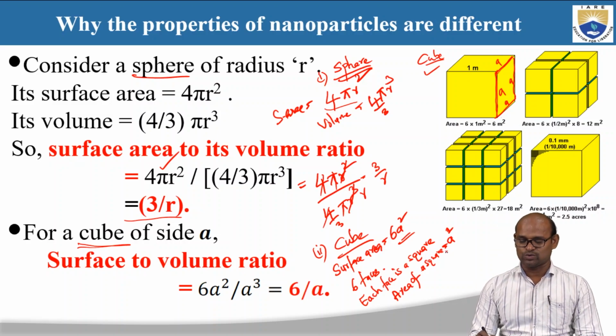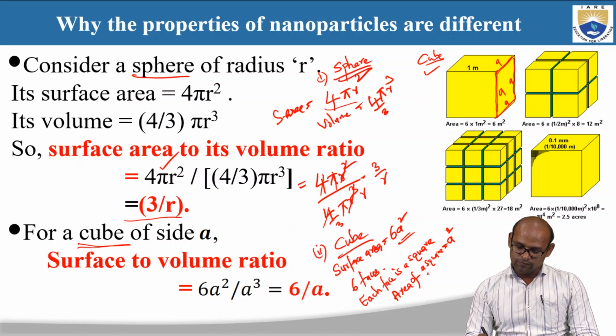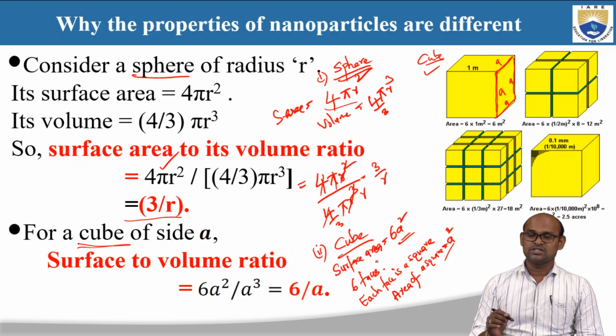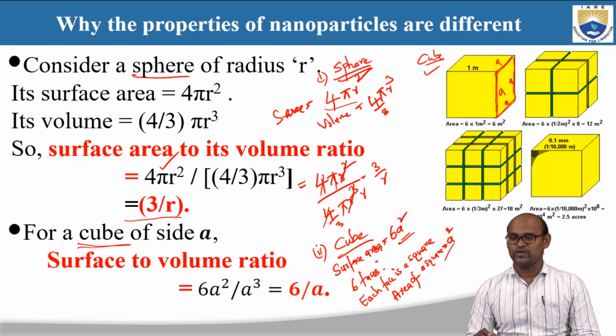So let me write it neatly: 6 faces for a cube, and each face is a square. For a cube there are six such faces, and that is why the surface area of a cube is 6a square.